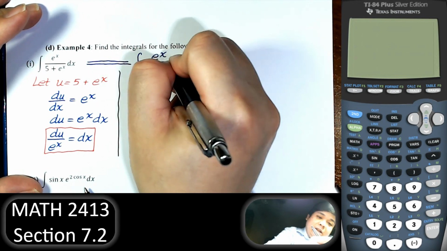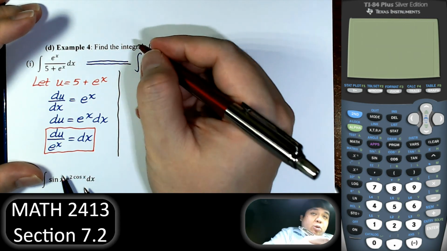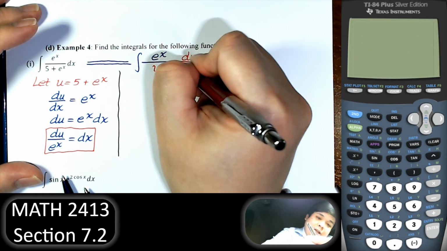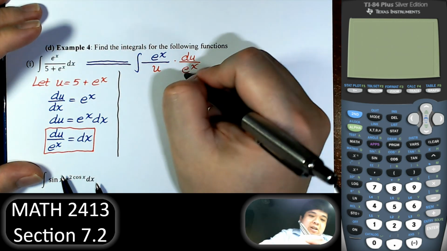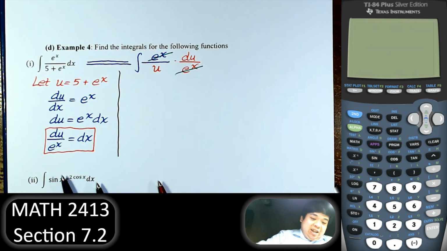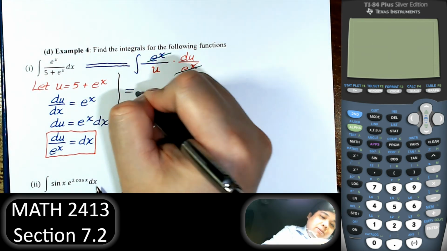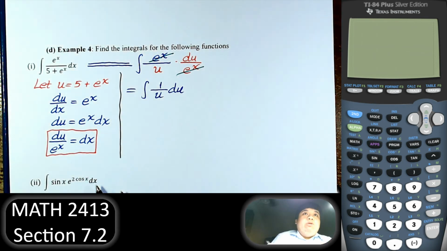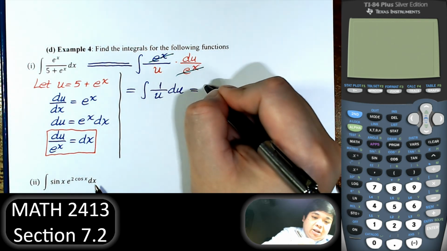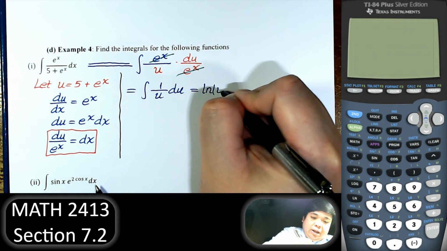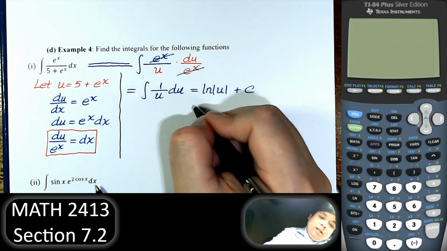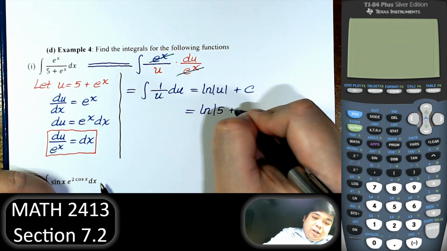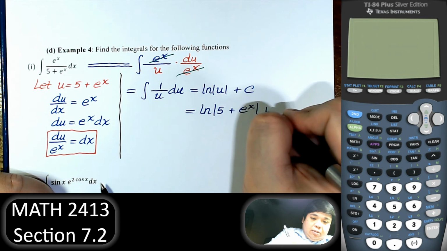The e to the x stays there, 5 plus e to the x is u, and dx is du over e to the x. It works out perfectly because there's no more x. We just have 1 over u du, and the integral of that is ln of the absolute value of u plus c. u is 5 plus e to the x, plus c.